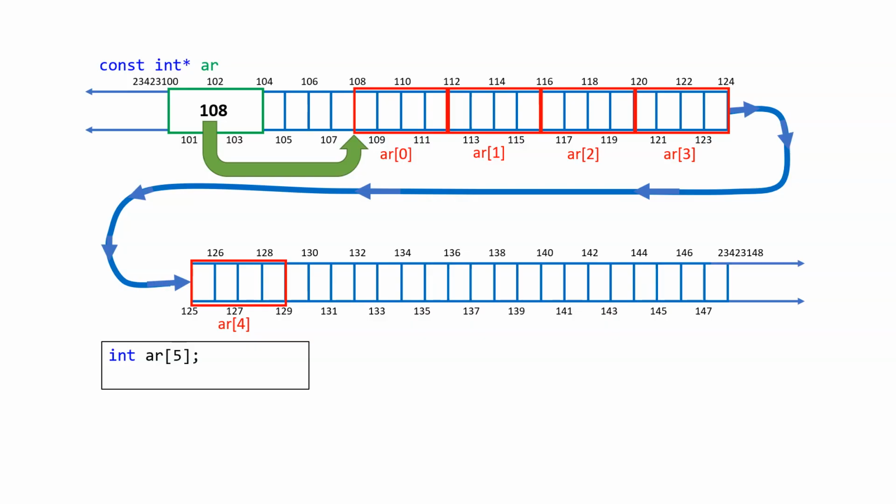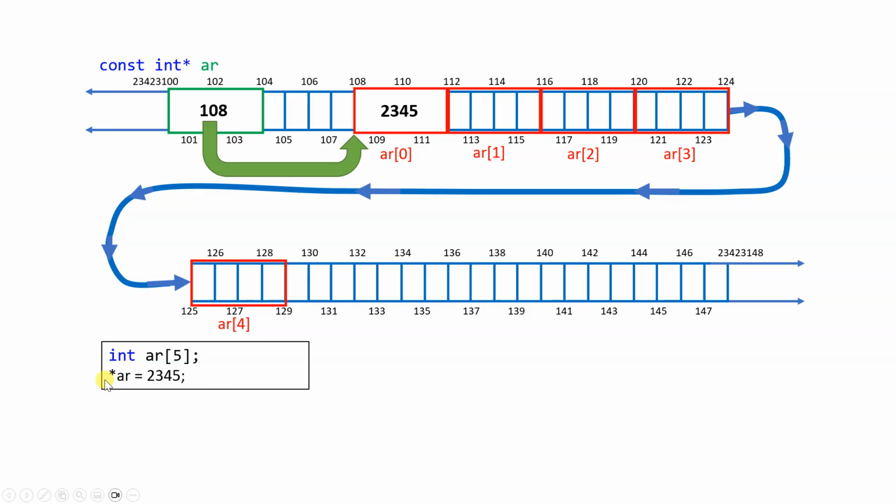When you put 0, it means from AR, go 0 further, which means first one. When you say 1, it says go 1 integer further. Because integer is 4 bytes, it's got to go 4 bytes further. When you say 2, that's why indexes in C start from 0, not 1. Many languages actually start from 1. And that's what it is.